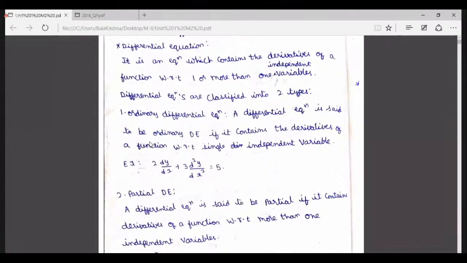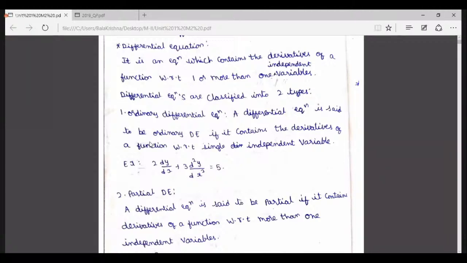Just we'll revise the first part of this first unit, that is ordinary differential equations of first order and first degree. If you see my screen, we are having the basic definition of differential equation. If you remember, a differential equation is nothing but an equation which is having the derivatives of a function with respect to one independent variable or more than one independent variable.